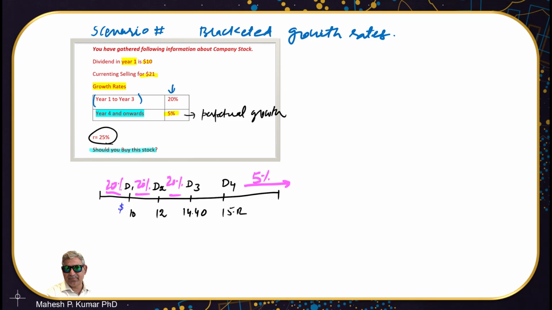Now since it is a perpetual growth rate, at this point we can find the value of the stock at year 3, V3, by using D4.